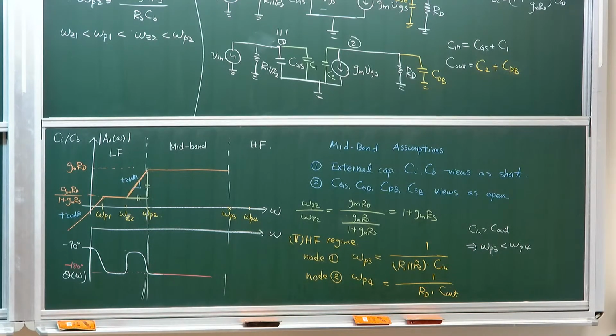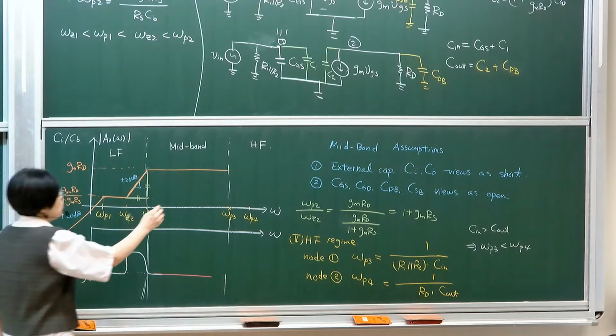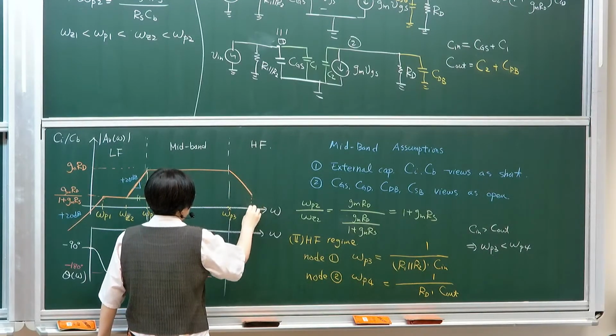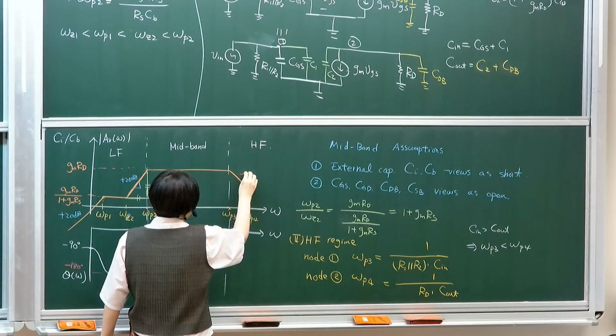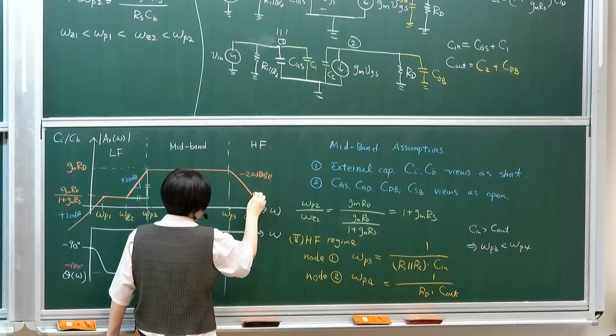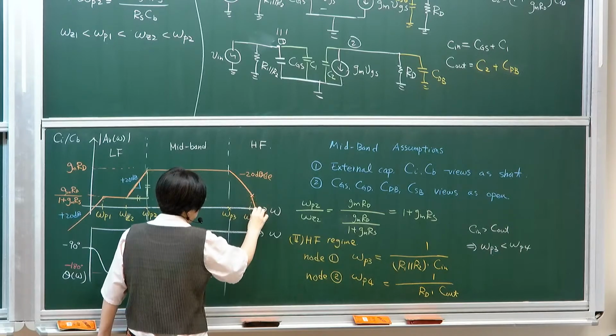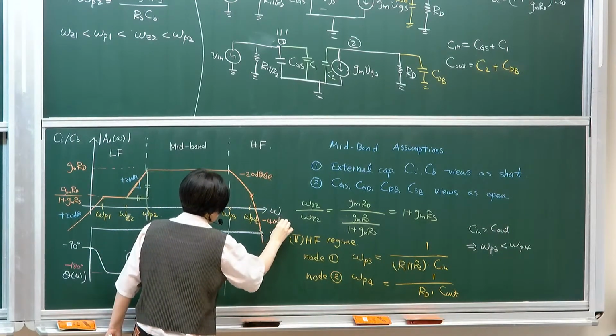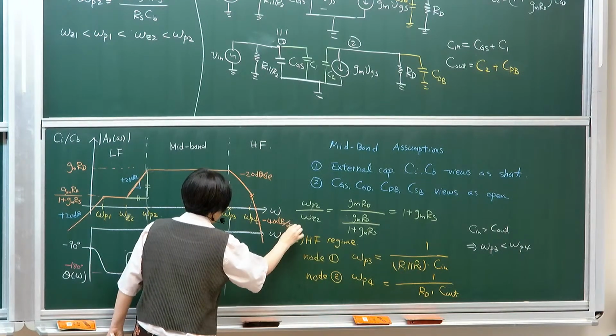So let's complete our plot. What happens is that the magnitude would drop at a rate of minus 20 dB per decade. And once it hits another pole, it would drop further down at a faster rate, 40 dB per decade. Okay?